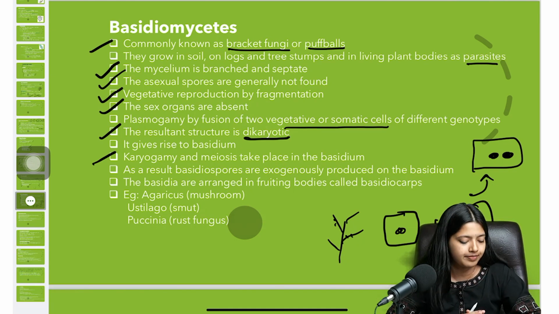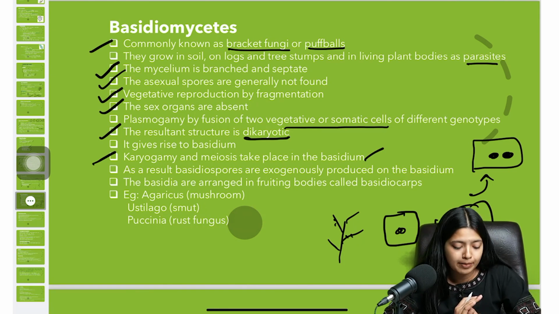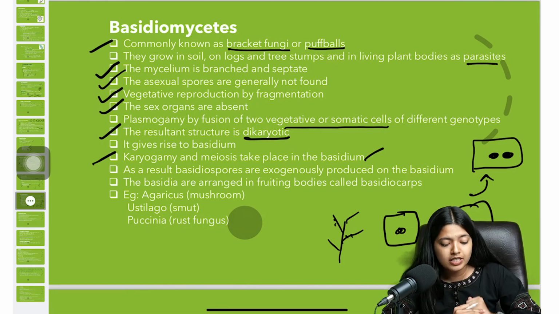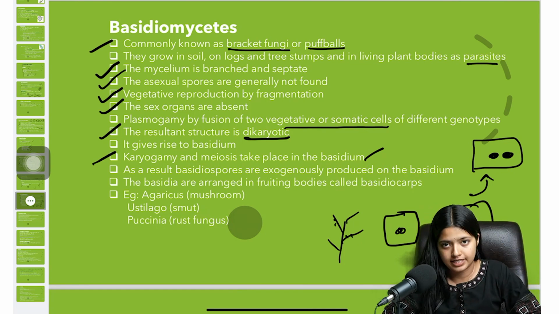Is that clear? So karyogamy and meiosis take place in the basidium, and as a result basidiospores are produced exogenously, outside the basidium.